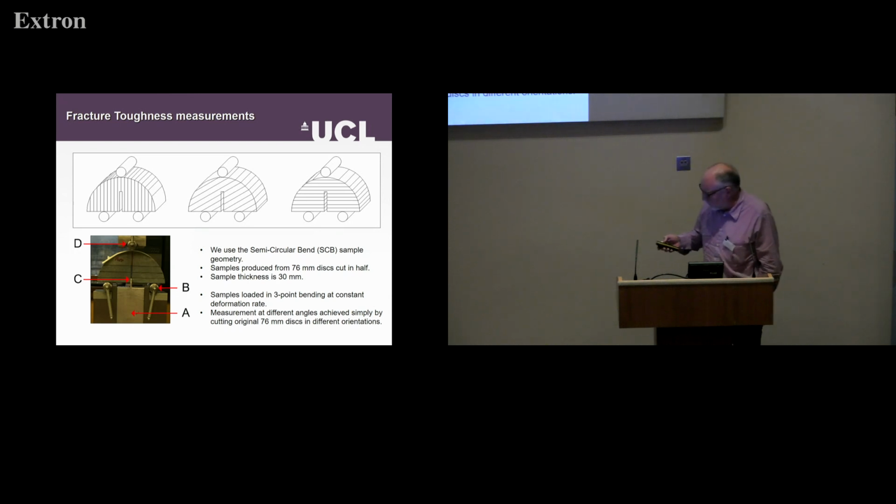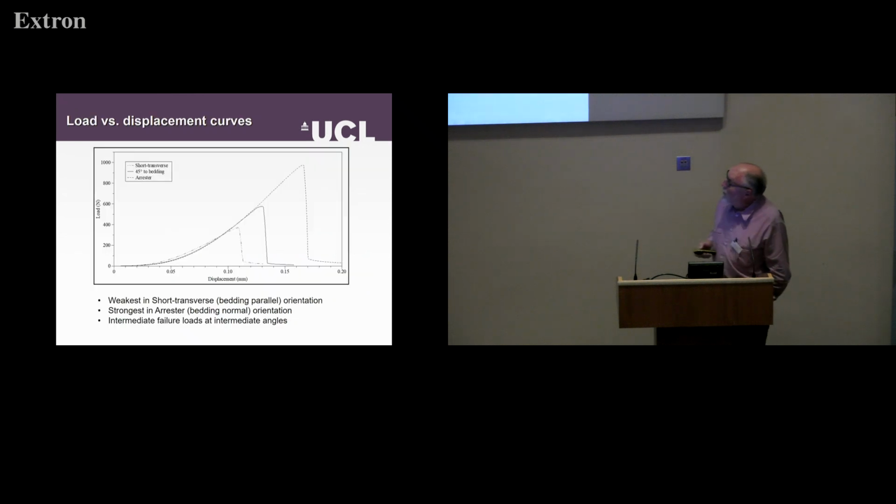If we do that, we get load displacement curves that look like this, where we're plotting load in kilonewtons against displacement in millimeters. What we see is, unsurprisingly, that the short transverse, the bedding parallel orientation, is the weakest.